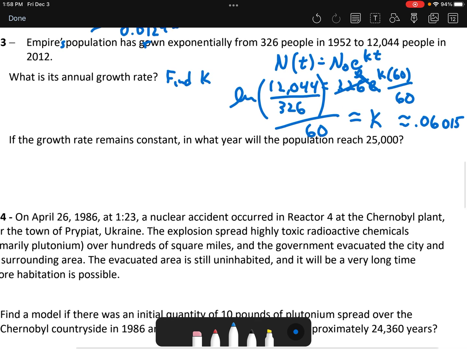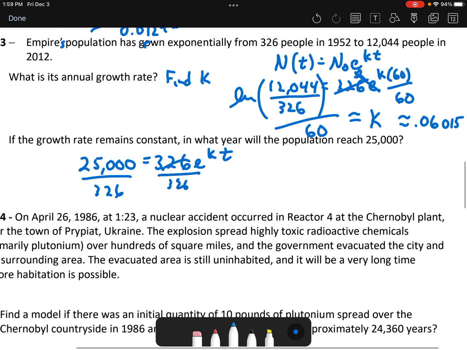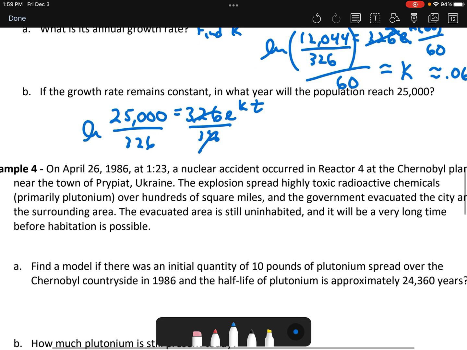Now, if the growth rate remains constant, in what year will the population reach 25,000? Well, that's what we know, that it's 25,000. If we started with 326, we want to know how long it will take. So we're looking for T. If it seems redundant, it is. It seems like we're doing the same algebra every time, isn't it?